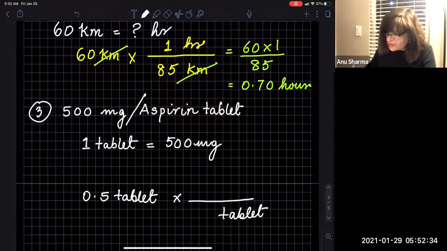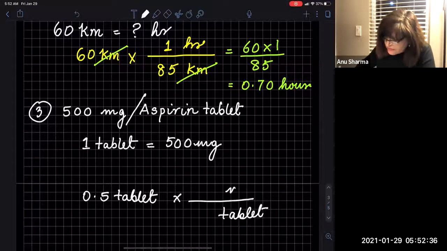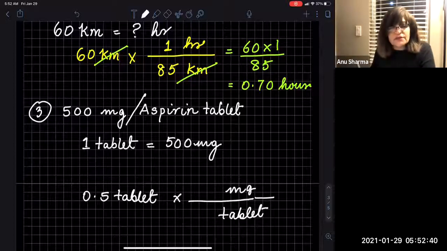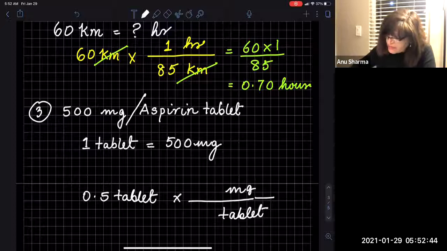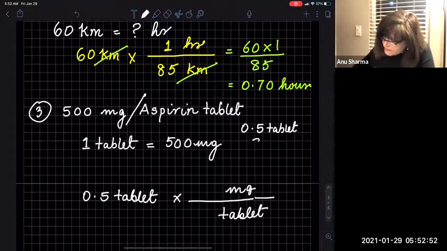I know tablet and tablet will cancel, and milligrams of the medicine is going to be on the top because we need to find how many milligrams there are. I'm sorry, I didn't write the question. So 0.5 tablets will have how much aspirin? Okay, so this is the question.